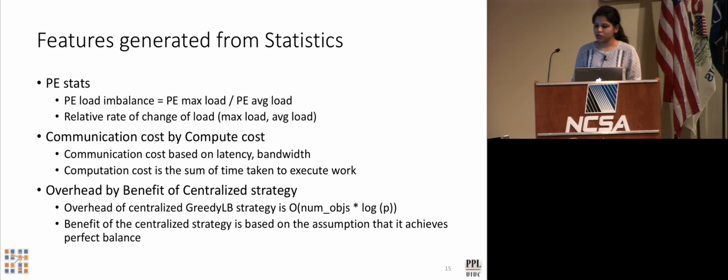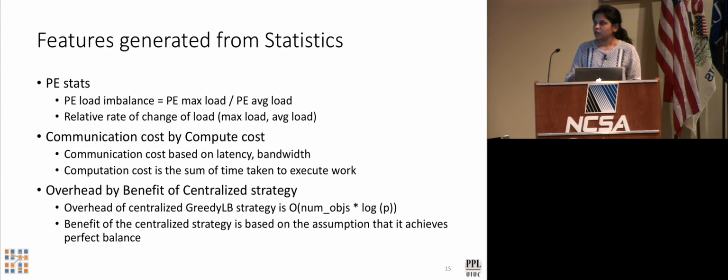Here are some of the features that we generated from these statistics. Some of the statistics we could use as such, but some of them we made into more sensible features that the model could use. Like I mentioned, there's PE load imbalance, which is max load by average load. There's the relative rate of change of load, which is how often your max load changes, at what rate it changes, and the rate at which your average load changes.